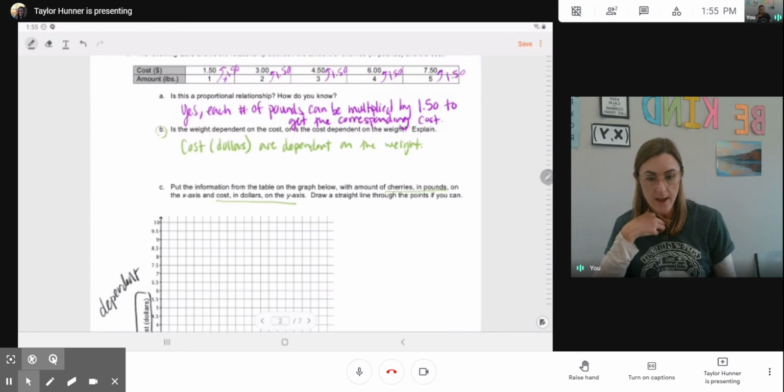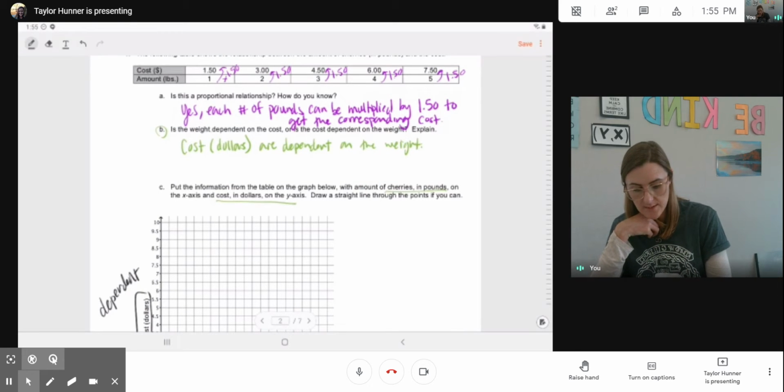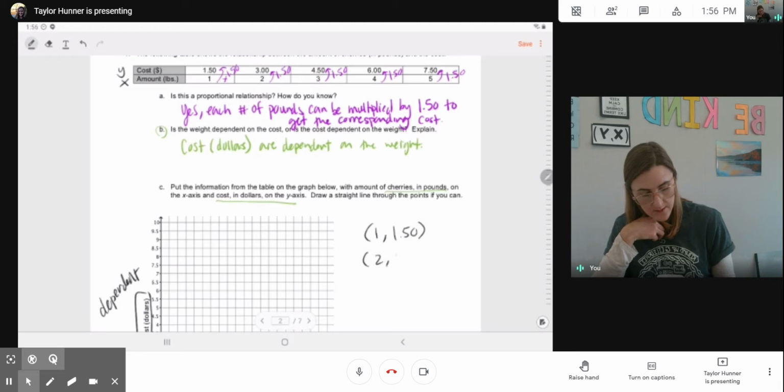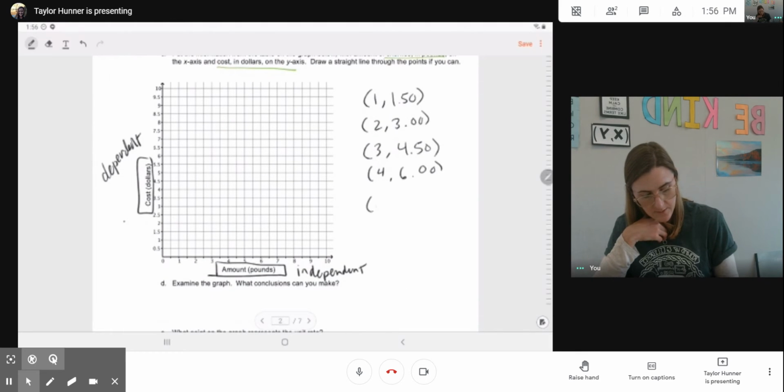So now I'm going to use my data from up here to graph this. And because the x is the amount of pounds and the cost is y, I like to actually write these as coordinate points. So (1, 150), (2, 300), (3, 450), (4, 600), and then (5, 750). So now I can plot these points.